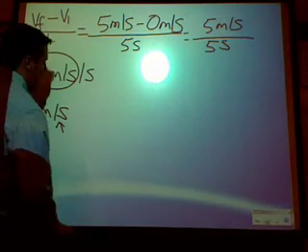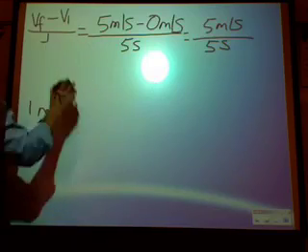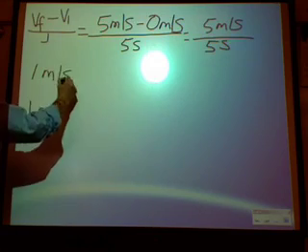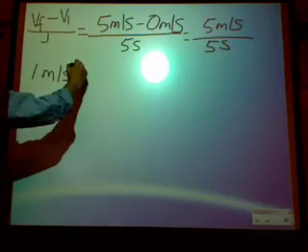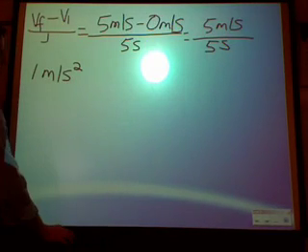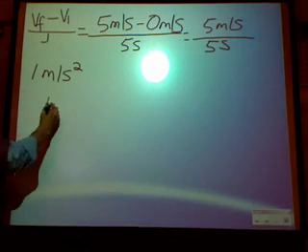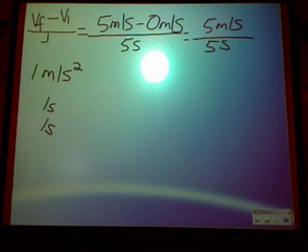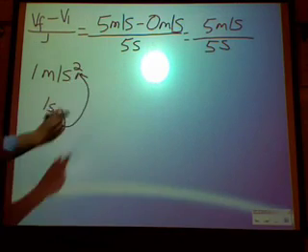Now, there is a shorthand way of writing that. Some of you may have guessed this already. 1 meter per second squared. This is how you can look at it. Just consider that I have this per second twice, right? There it is.